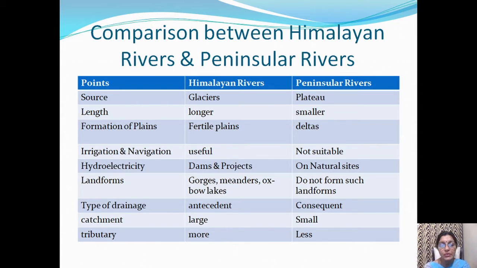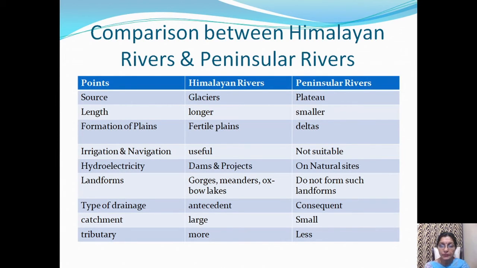Many landforms are made by Himalayan rivers. On the other hand, peninsular rivers flow through shallow valleys, so they do not make many landforms. Type of drainage of Himalayan rivers is antecedent and of peninsular rivers is consequent.